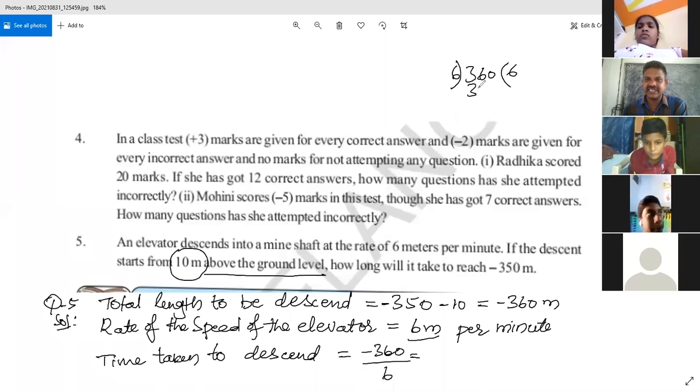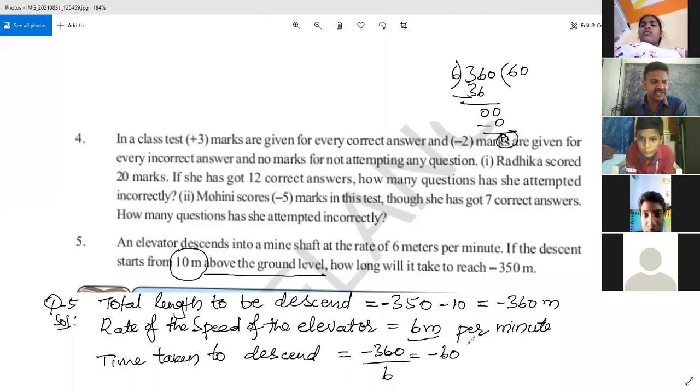Okay, 360 divided by 6. 6 6s are 36. Bring down 0. 6 0s are 0. Altogether, 60 minutes. That means 60 minutes, that equals 1 hour.